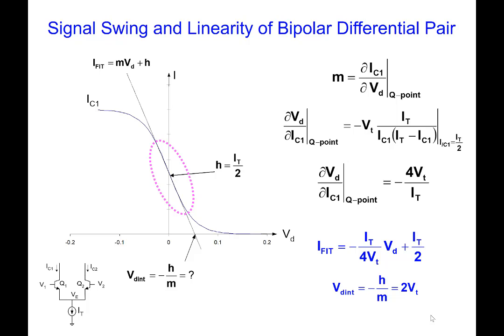In the MOS case, that intercept was what? What was it for the MOS differential pair? I thought it was like 100 millivolts, a factor of 10. No, we had it in terms of the practical design parameters.